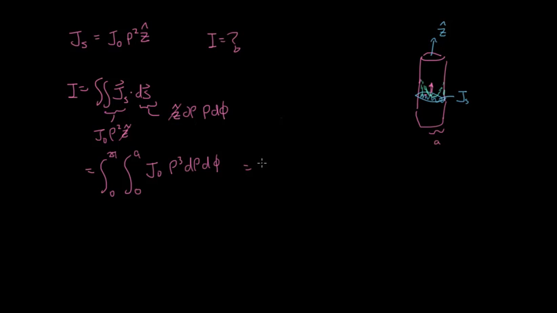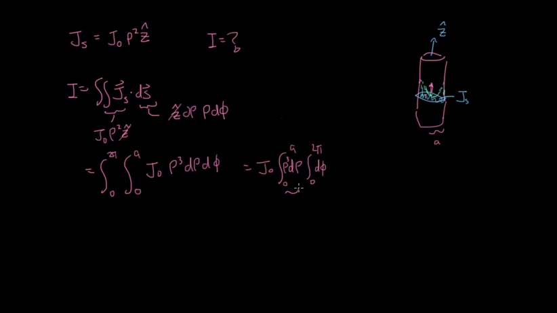Once you have this set up, I like to do some reorganization so that you just have single variables to worry about. So we have rho cubed going from 0 to a, and for phi, we don't really have any phi terms, so it's just d phi from 0 to 2 pi.